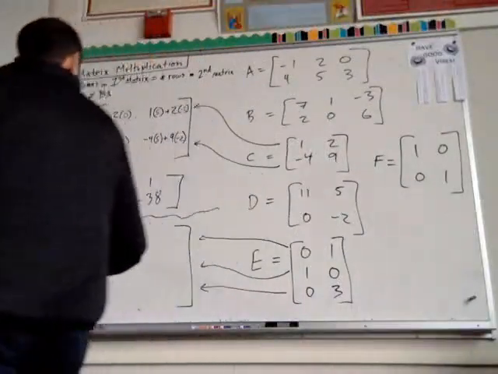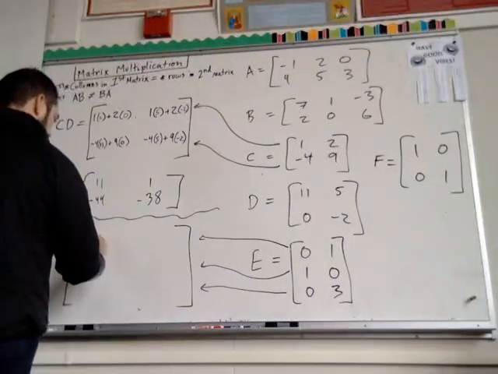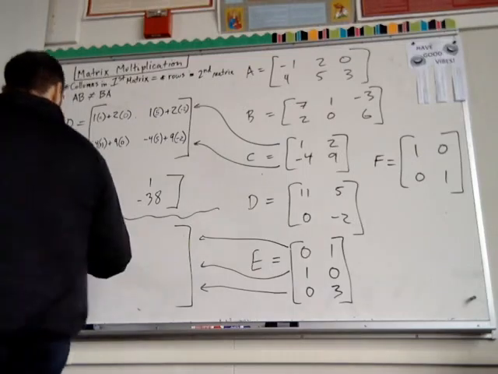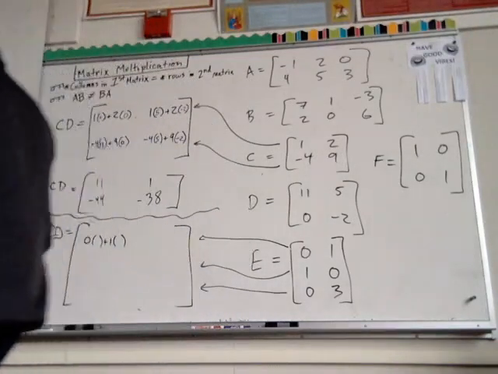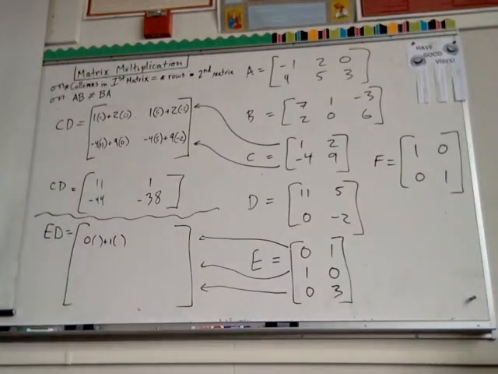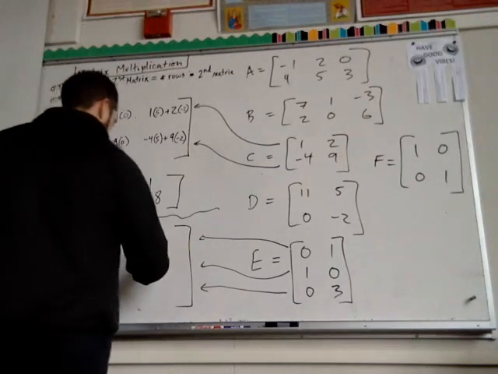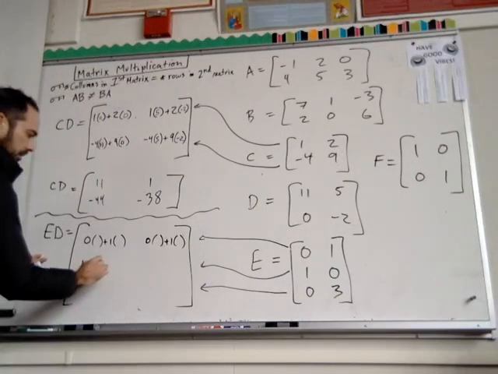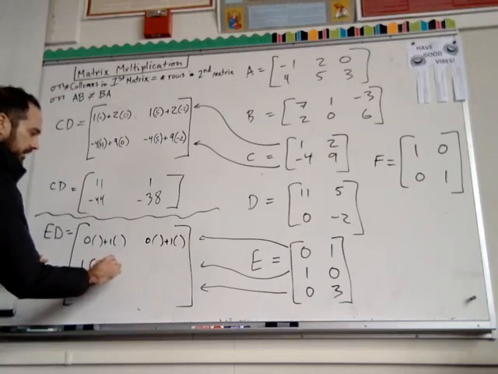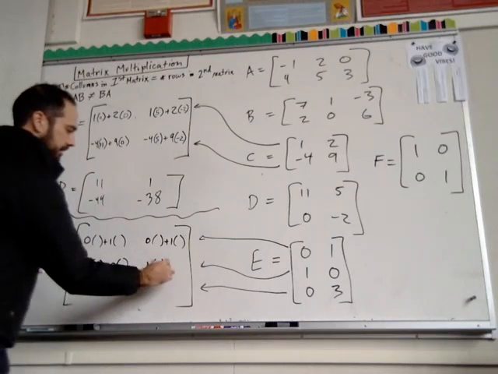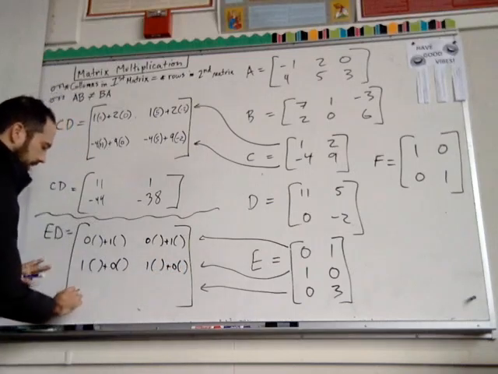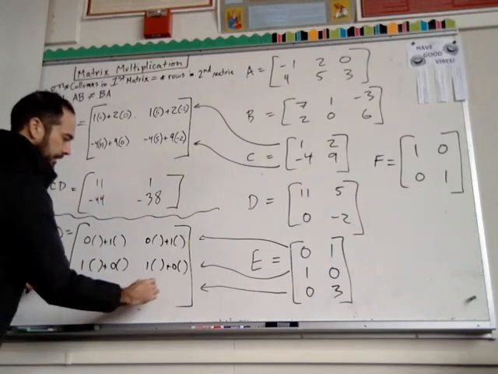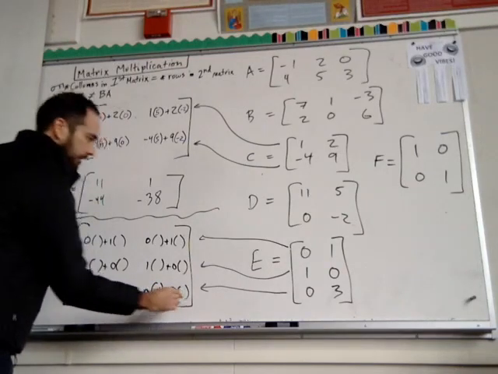So 0 and 1. We're going to have 0. This is going to end up being a 3 by 2. So we go 0 and 1, 0 and 1. 1 and 0, 1 and 0. 0 and 3, 0 and 3.